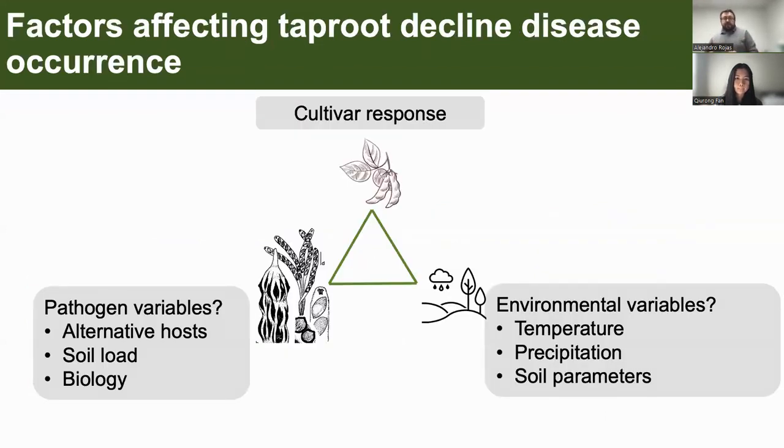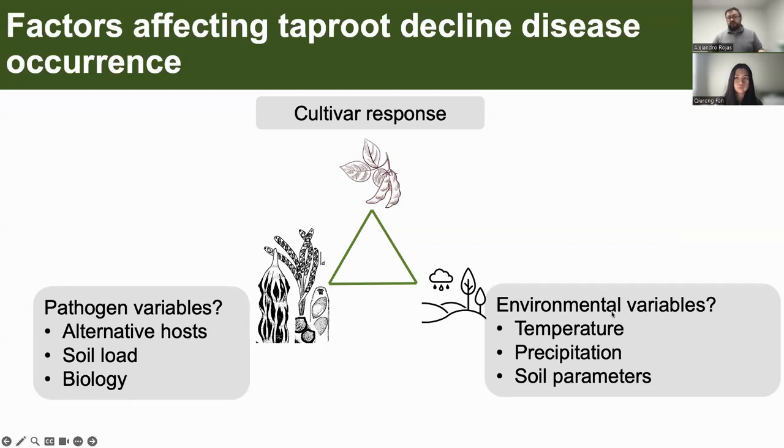So if we go to the basics, there is the disease triangle. We don't have a lot of knowledge on how different cultivars of soybean are going to respond to this pathogen. There is some preliminary research done by other groups showing some cultivars that have some response. We don't understand really well the environmental variables that are driving the disease development in the field.